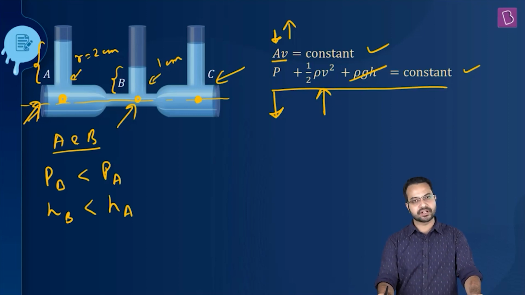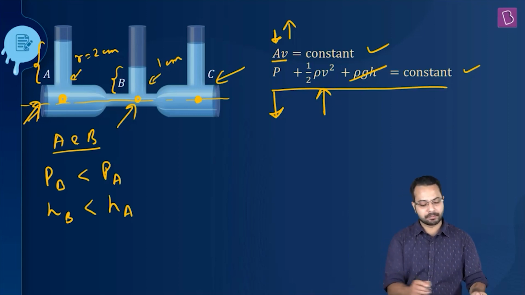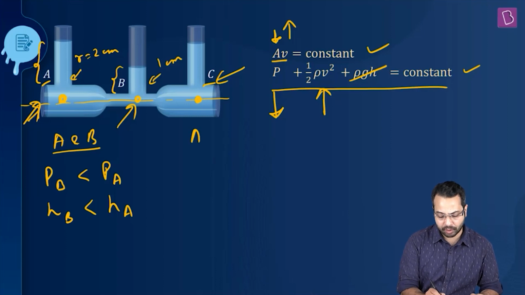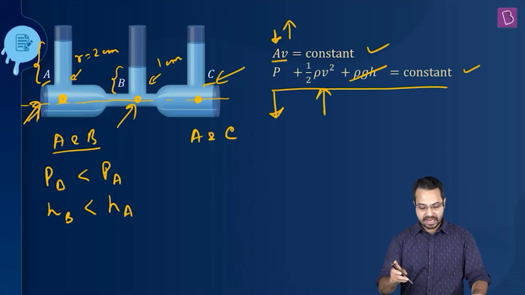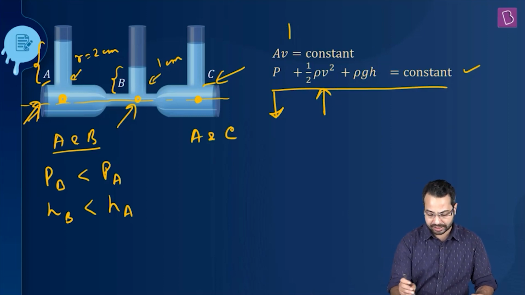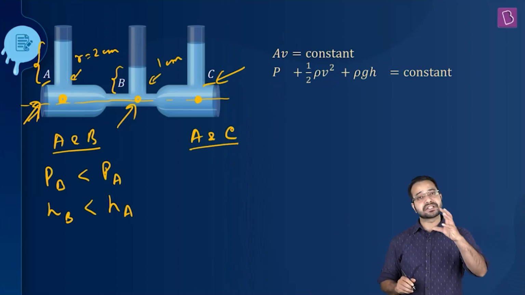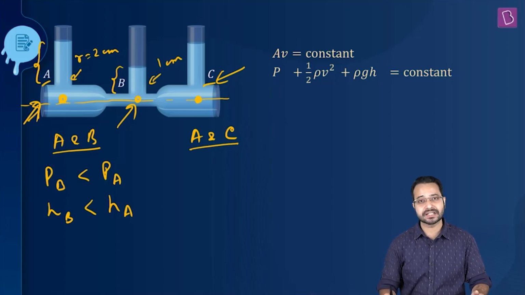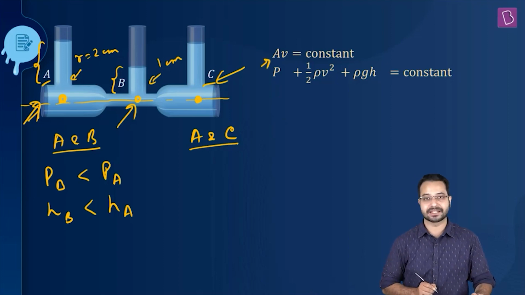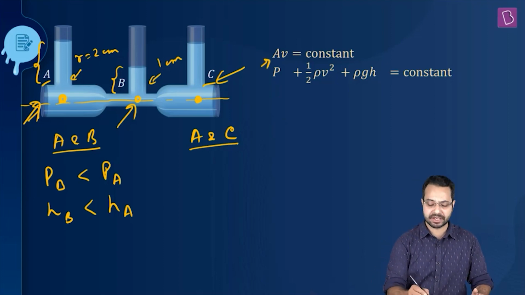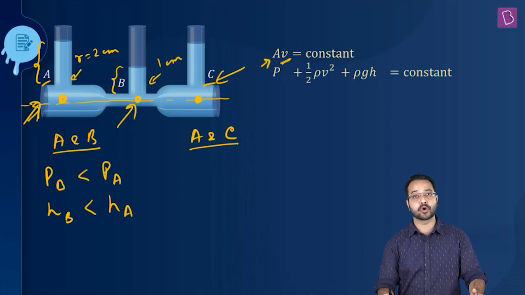One relationship done. Now let's compare A and C. Let me clear this out so that you get a clear picture. At A and C, what is happening? The area of cross section is the same, so there is no reason v should be different. So v is also going to be the same.